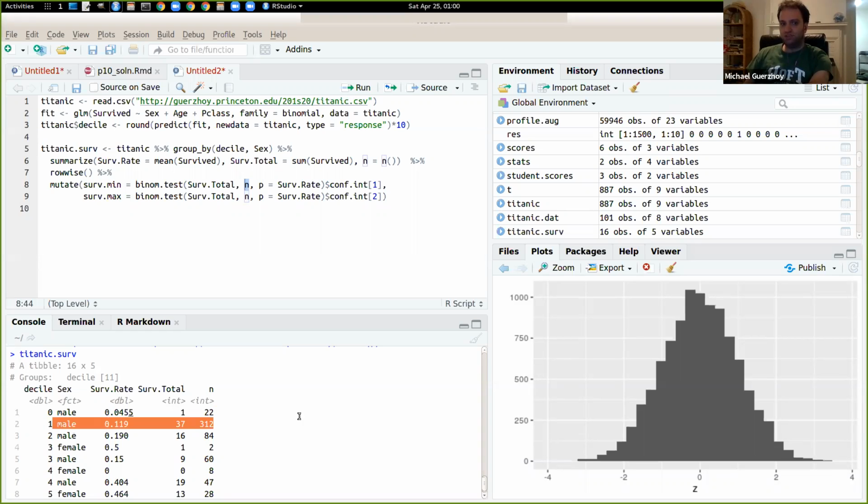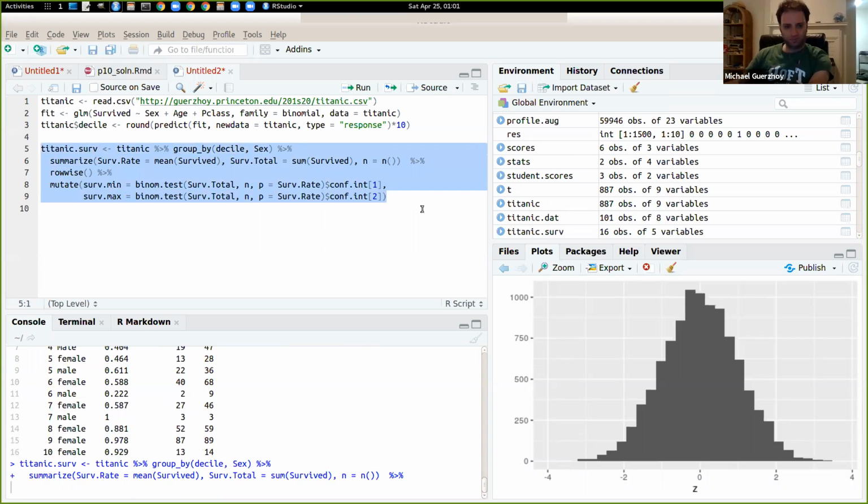And then you process this row, and then this row, and then this row. Without that, this would be the whole column, and binom test just doesn't do that. It needs this to be a number, and this to be a number, and so on. Okay, so this gives us the confidence intervals.